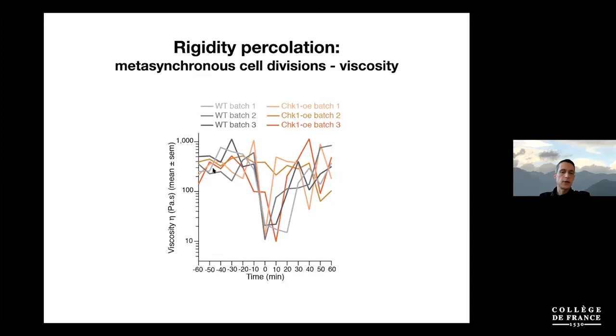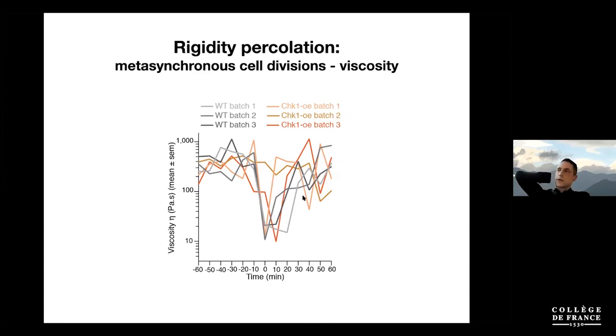And she also did viscosity measurements. Again, in a wild-type case, these are the gray lines here. You see that the tissue fluidizes right at the point when it should fluidize. In cases in which you interfere with the cleavage cycle oscillator, this fluidization happens quite ectopically at different stages, and there's no clear point when the tissue is fluidizing.